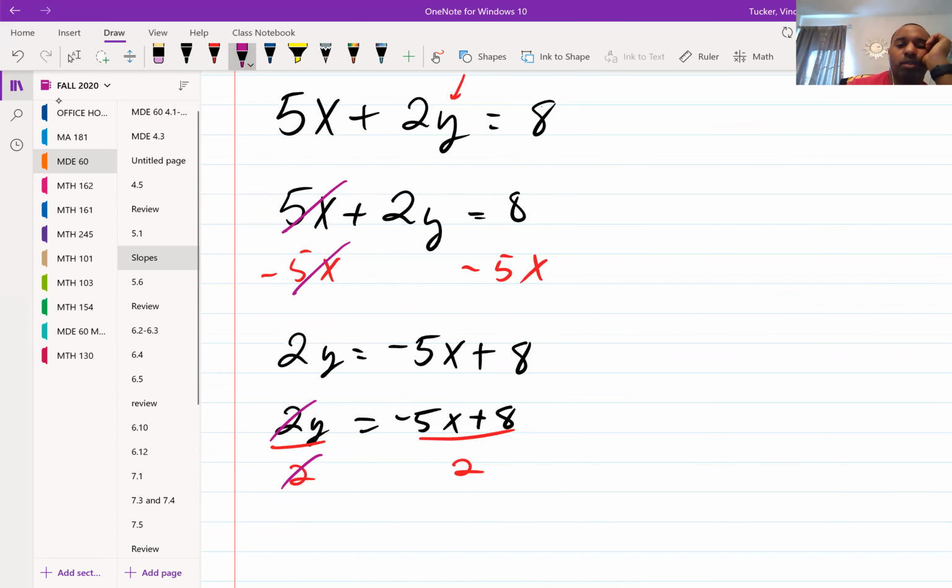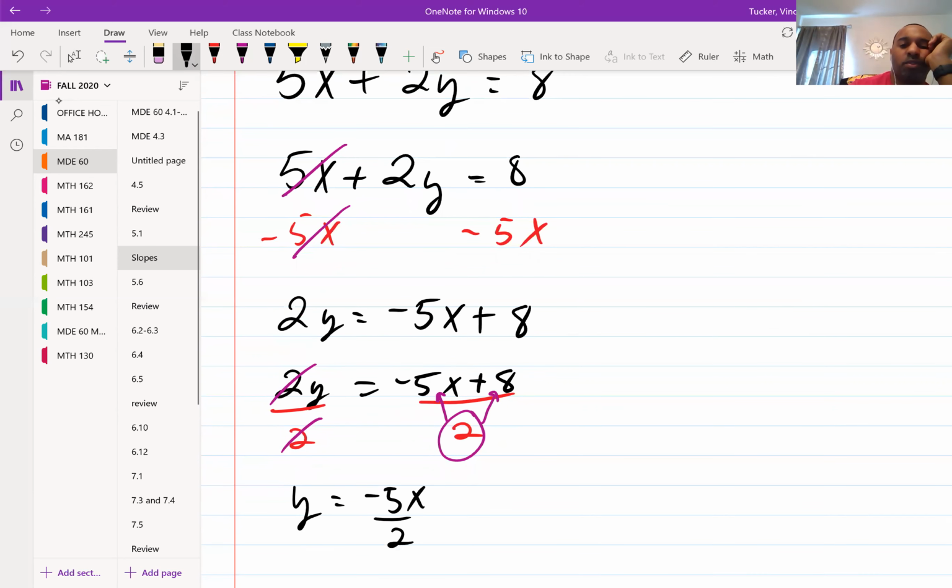And what about the 8? How do you do that? That's what I was about to give you. Oh, this 2 has to go into both parts. And that'll be negative 5x over 2 plus 8 over 2.